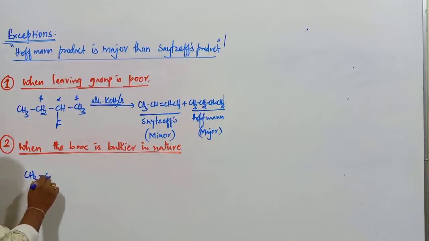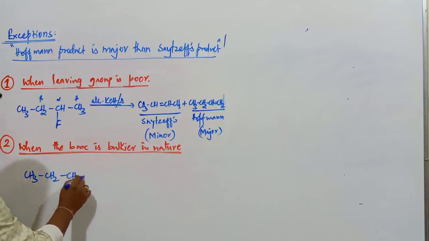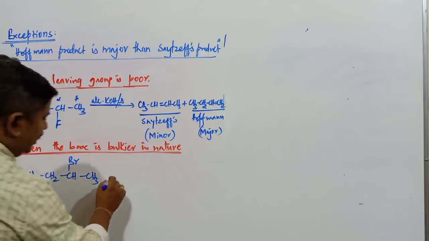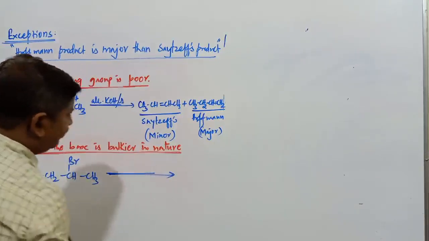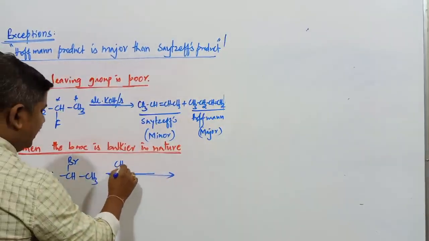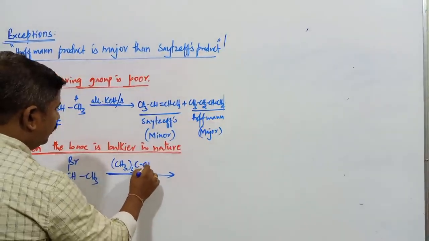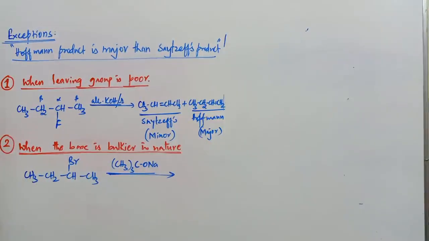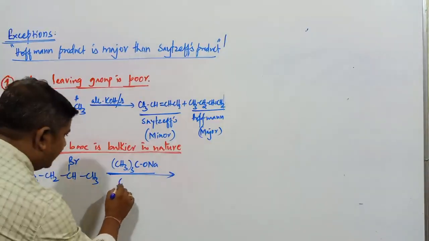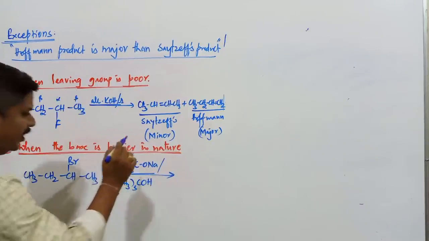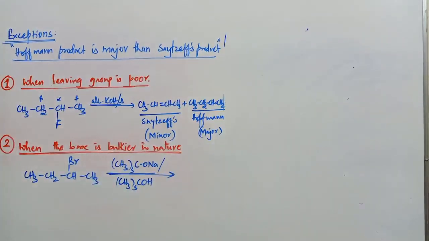This is CH3, it is CH2, this is CH, next one is CH3, this is Br. If this is treated with a particular base, that is (CH3)3CONa, sodium tertiary butoxide, in the presence of tertiary butyl alcohol, this is a stronger, bulky base.